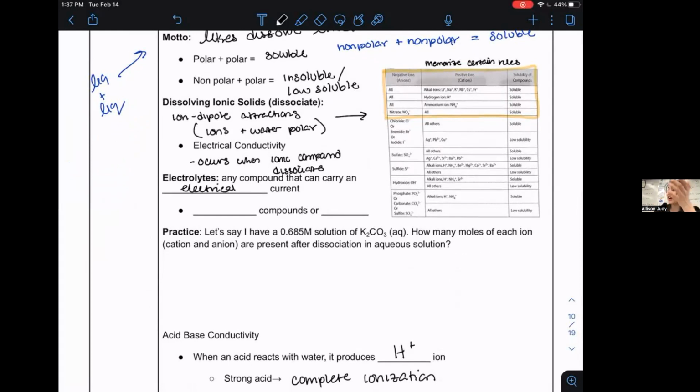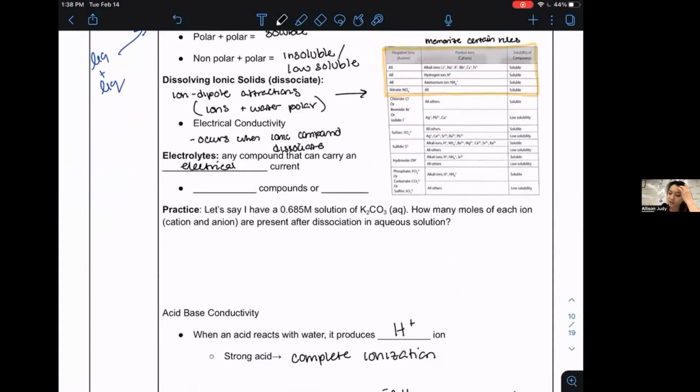And if any of you want to find out if water can truly carry an electrical current, go swimming during lightning. We also say then, to summarize, all soluble ionic compounds or acids are considered electrolytes.